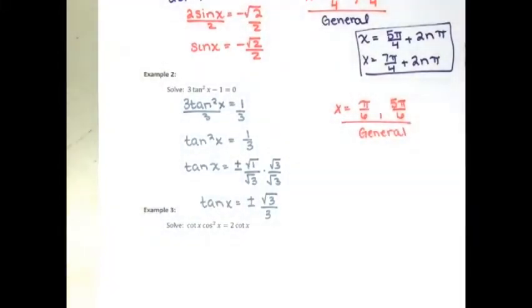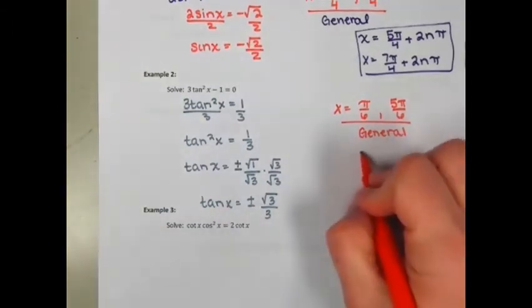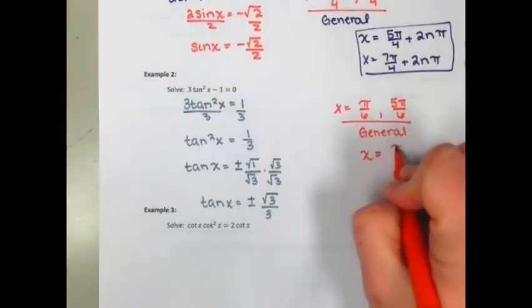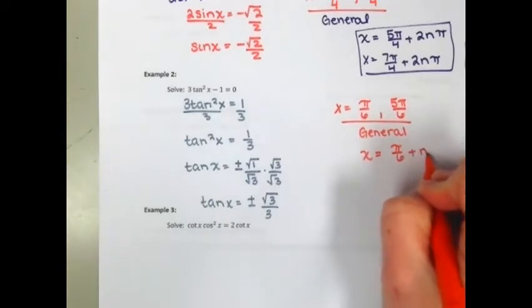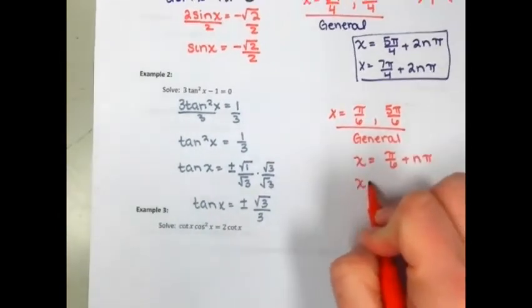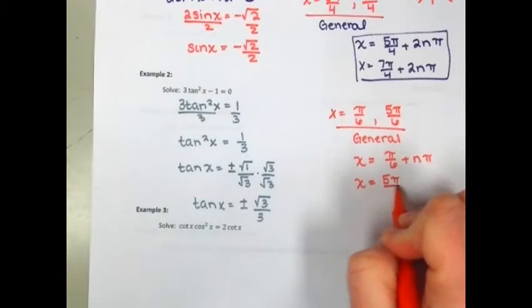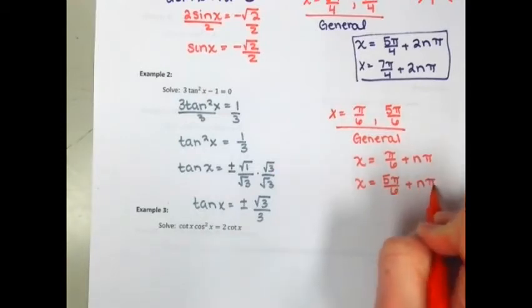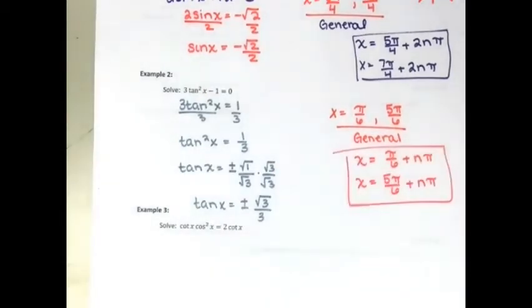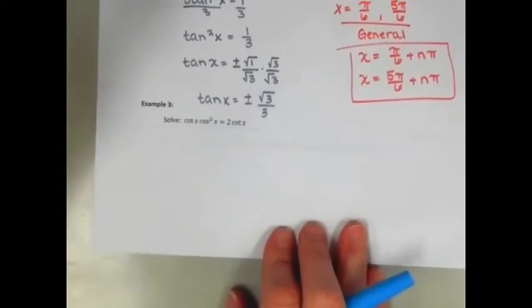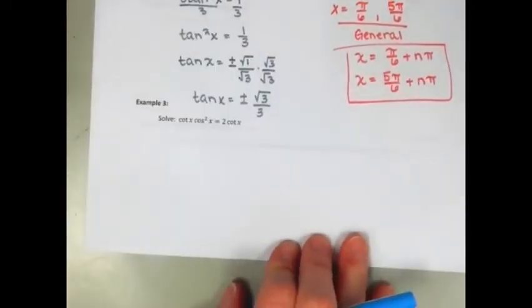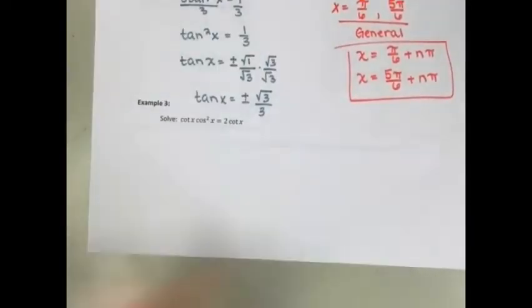Is it 2n pi or just n pi? N pi, why? Exactly, our tangent interval is just pi. And there you go, there's your 2 general forms. So do you see why actually memorizing things probably would have helped a little bit more? Yeah. All right.